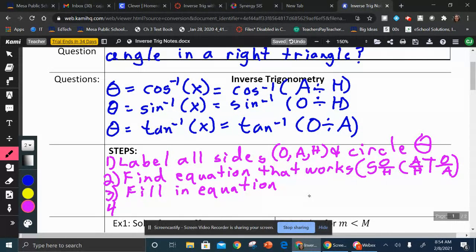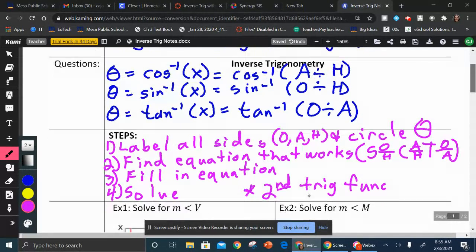And then we're going to solve it. Again, if you're using a calculator, everybody, it's the second and whatever trig function you're using.